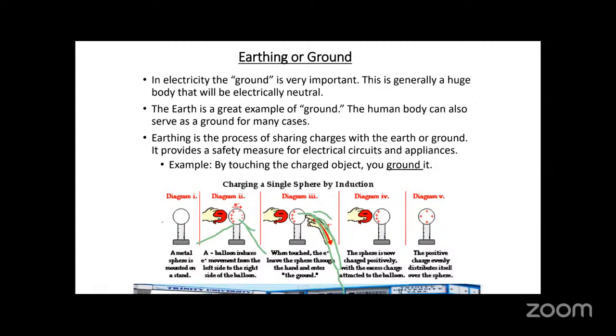The excess charges, the charges that are not wanted, flow through the hand into the ground. And then we have our positively charged system there. So our human body could also serve as earthing, but don't try it. Don't go and hold any naked, live electrical cable, because it could be dangerous.